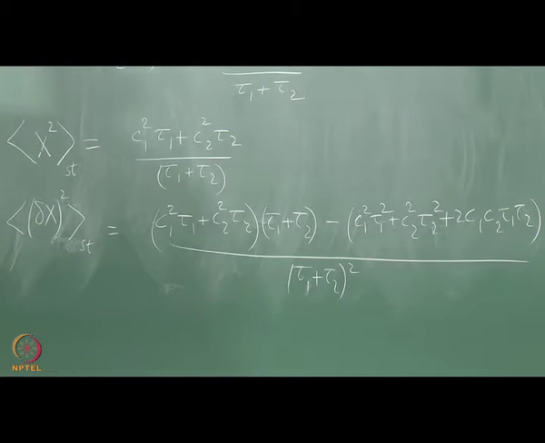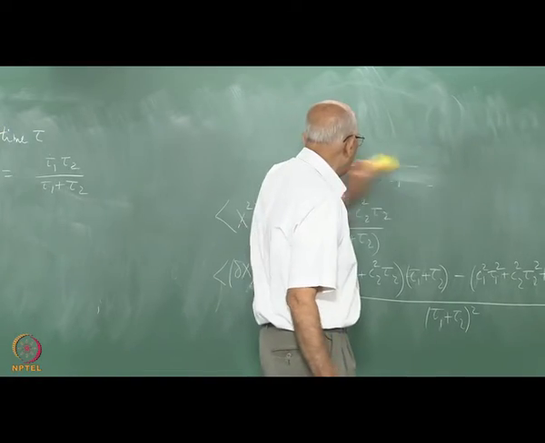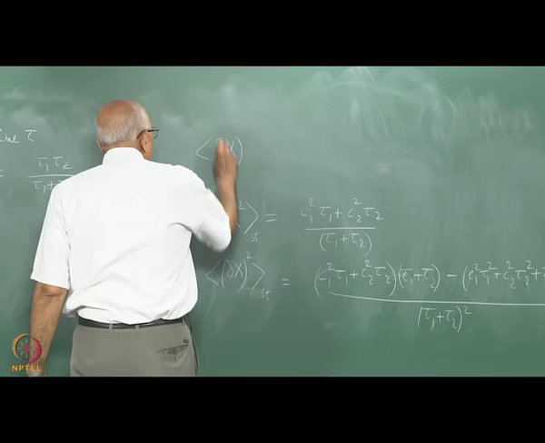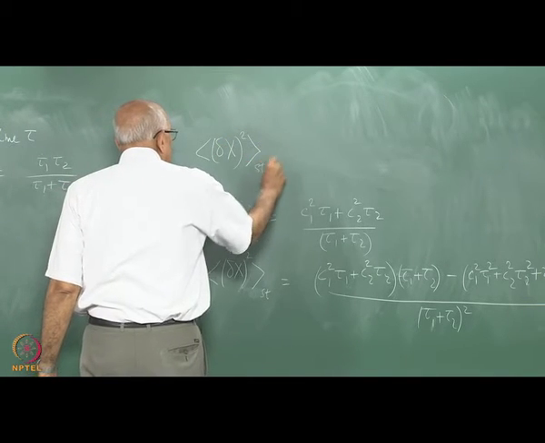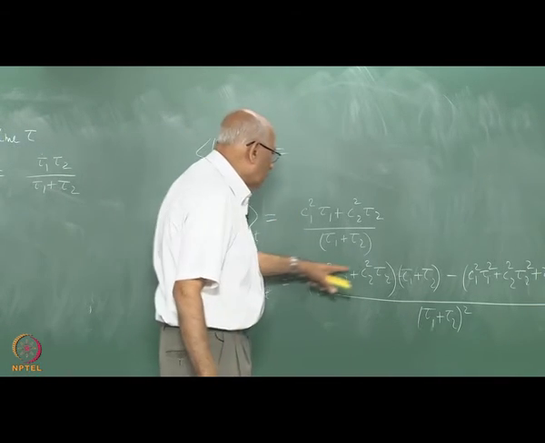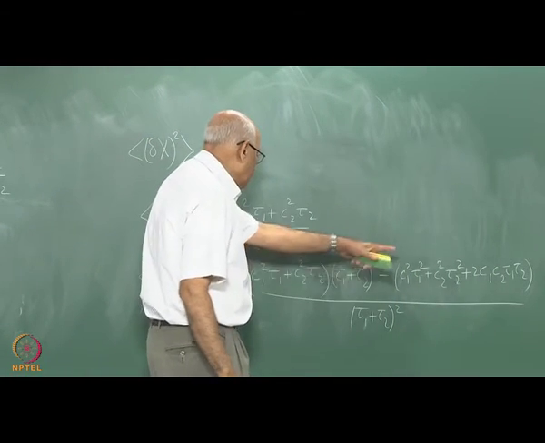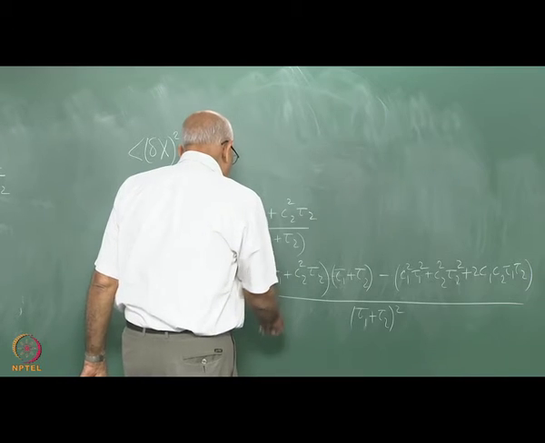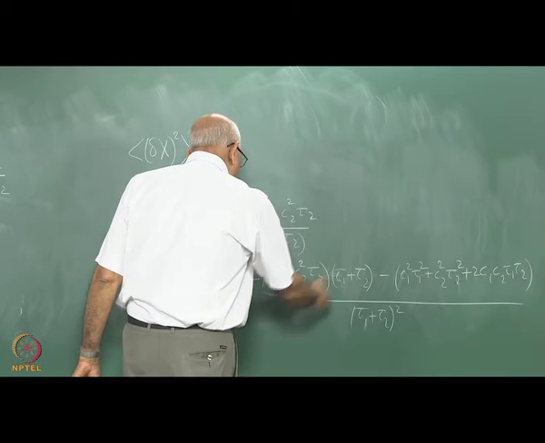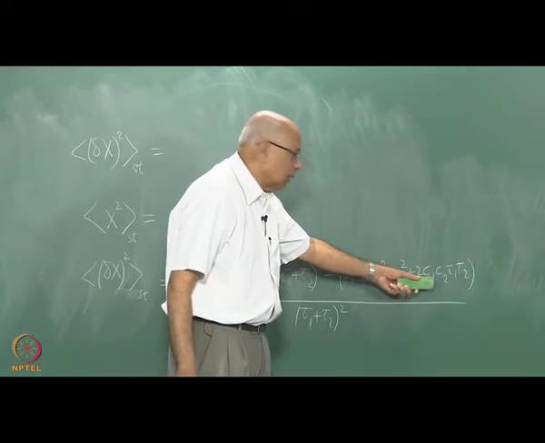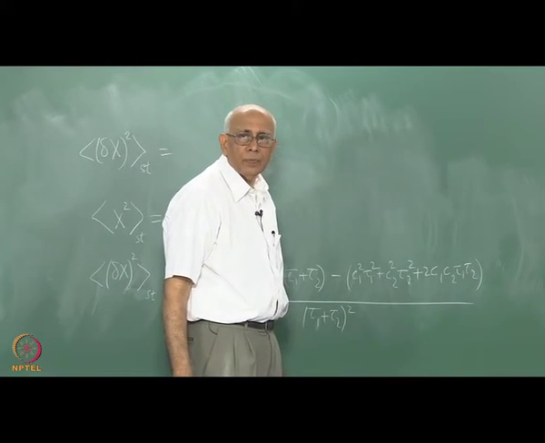We can write down a very simple formula, and that is delta x whole squared in the stationary state is equal to, first of all, the tau 1 squared cancels with this guy, the tau 2 squared cancels with that, and then you have a C1 squared tau 1 tau 2, a C2 squared tau 1 tau 2, and then you have minus 2 C1 C2 tau 1 tau 2.